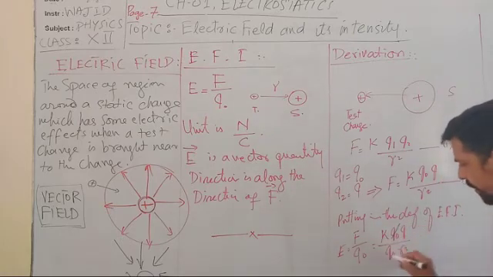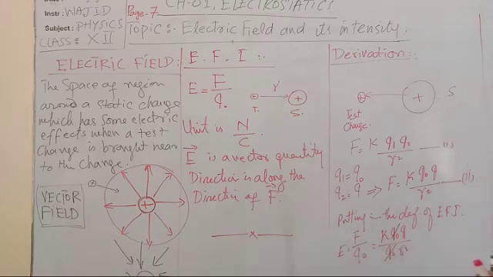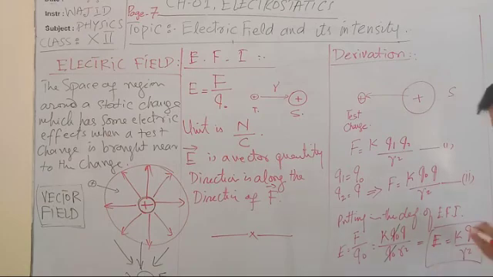Cancelling q0 from numerator and denominator, finally we have the electric field intensity equation as E is equal to k q divided by r square. This is our desired equation for electric field intensity for a single point charge, and that's all. Thank you.